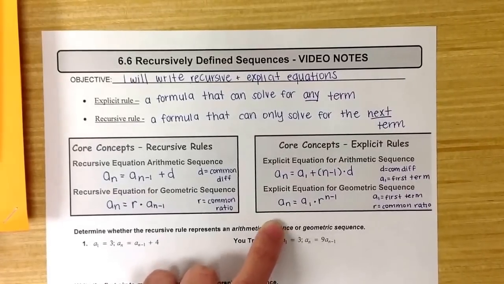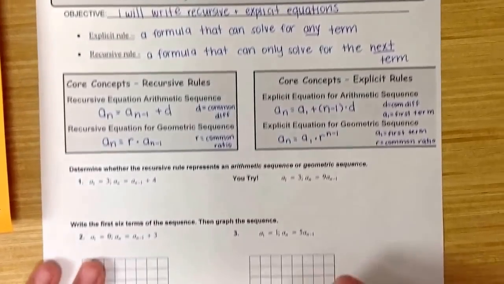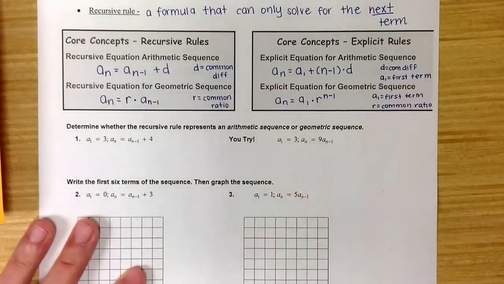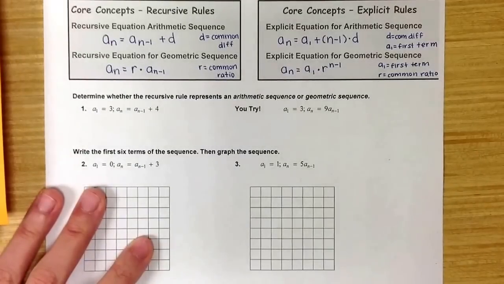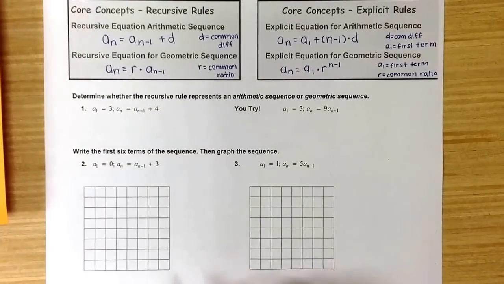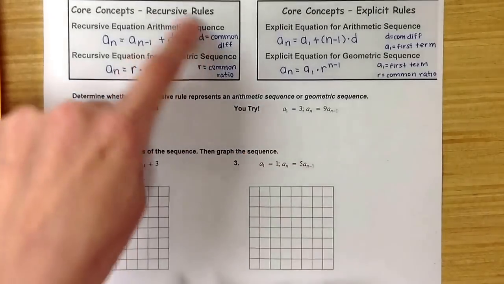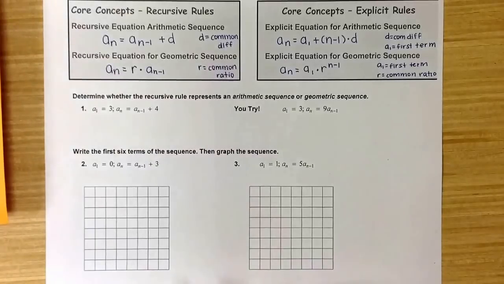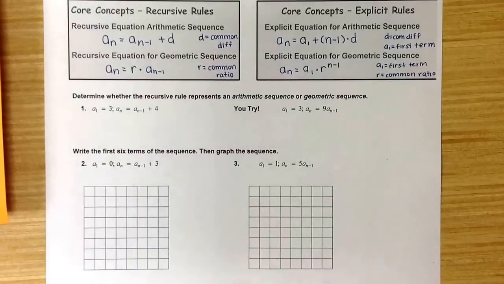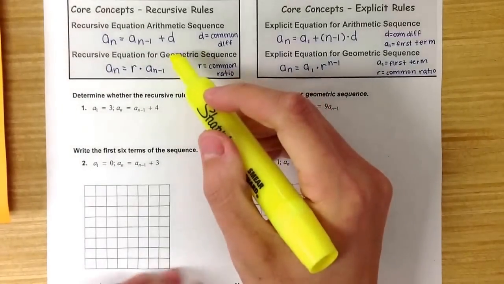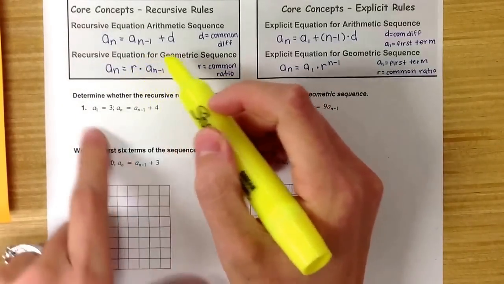Okay, now that you know these two, let's go ahead and start a few examples. Number 1, it says determine whether the recursive rule, okay, so these are all recursive rules, we're looking at this box right here, is arithmetic or if it's geometric. How do I decide what is the difference between the two? Well, if you take a look at the original equation, do you see how they really kind of look the same?